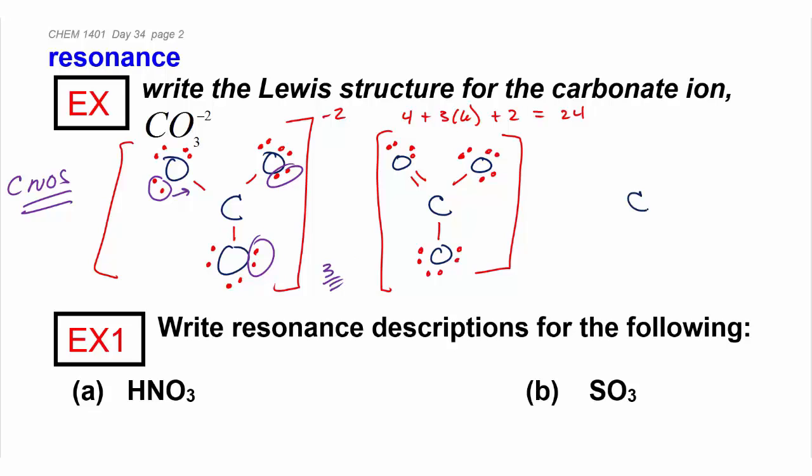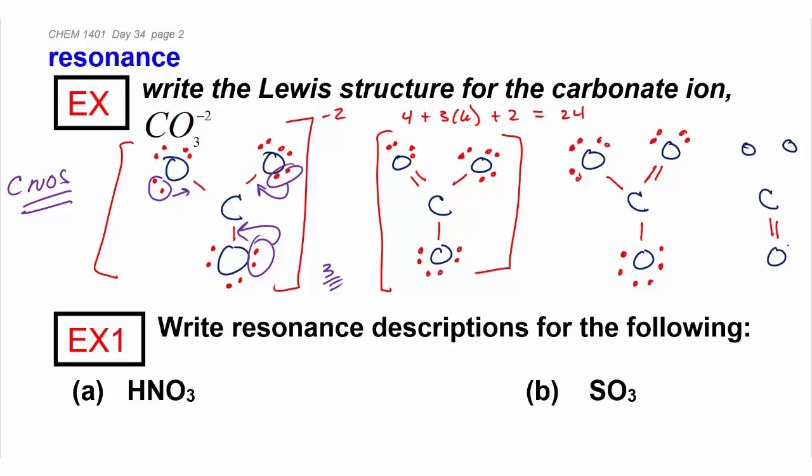Let's go ahead and draw them. So in the second structure, I'll make that double bond. Third structure, I'll make that double bond. There's my second structure. My third structure, a double bond at the bottom oxygen.